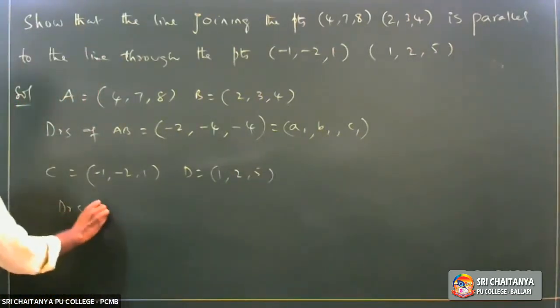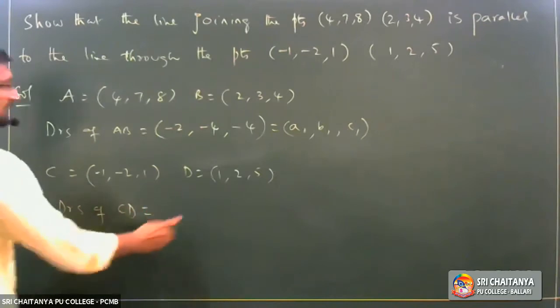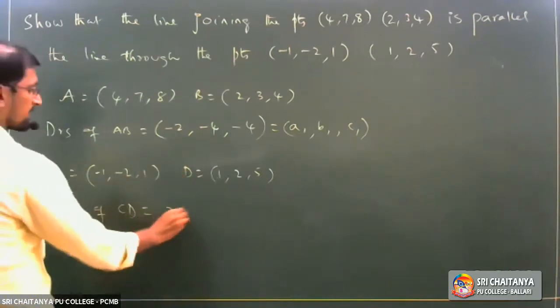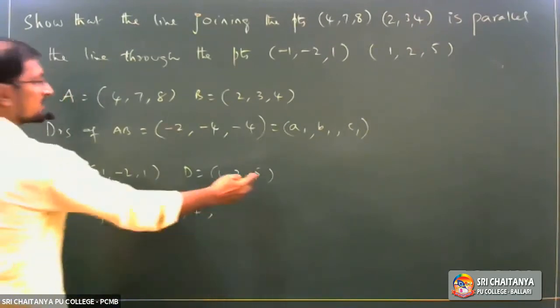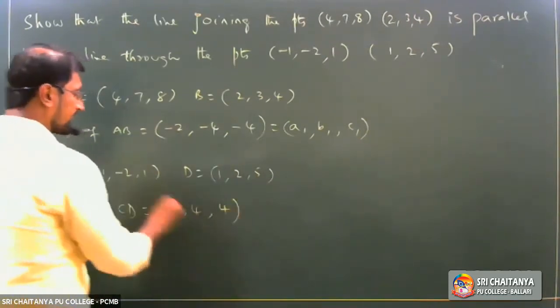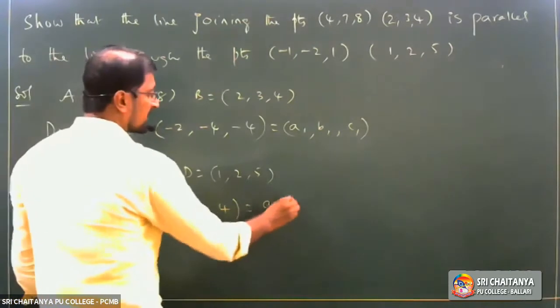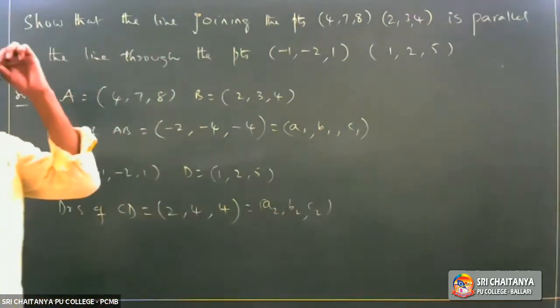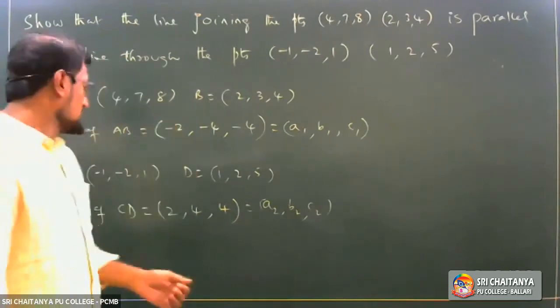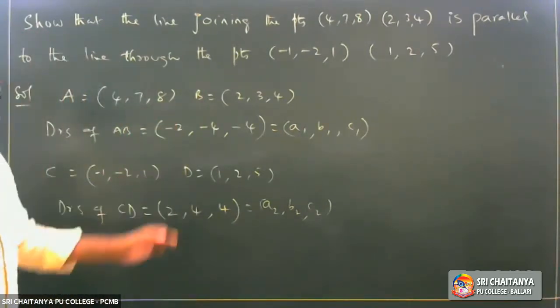The DRs of CD are x2 minus x1, y2 minus y1, z2 minus z1. Consider this as A2, B2, C2, right? I am going to repeat this again. Observe this, C and D are given to you.